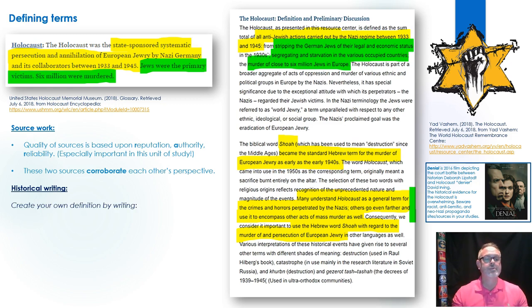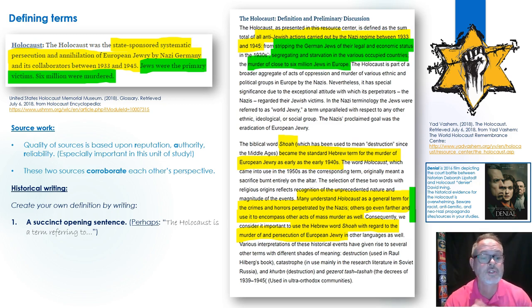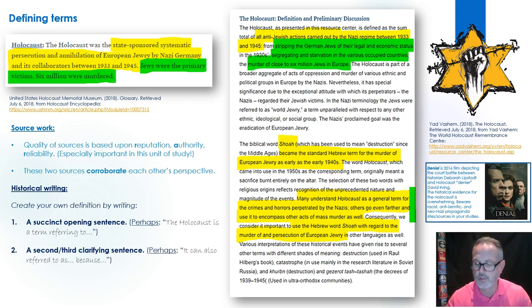definitions of the Holocaust. If you're writing a good definition of any historical term, I'd suggest you need a succinct opening sentence. If you're writing one now for the Holocaust, perhaps start out with, the Holocaust is a term which refers to. Something very clear, that comes to the point, a short, sharp, direct sentence.